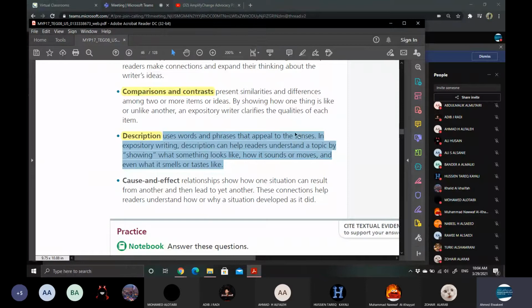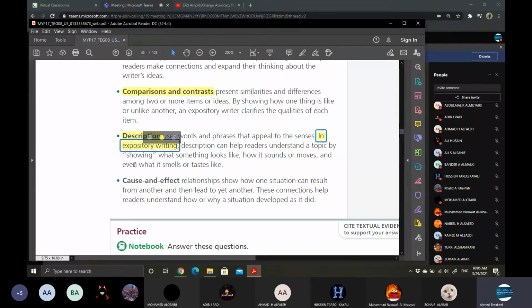And of course, in expository writing, which is presenting information, description can help readers to understand the topic by showing what something looks like, how it sounds or moves, and even if it smells or tastes. After all, we're speaking about expository writing, which is presenting ideas and information.